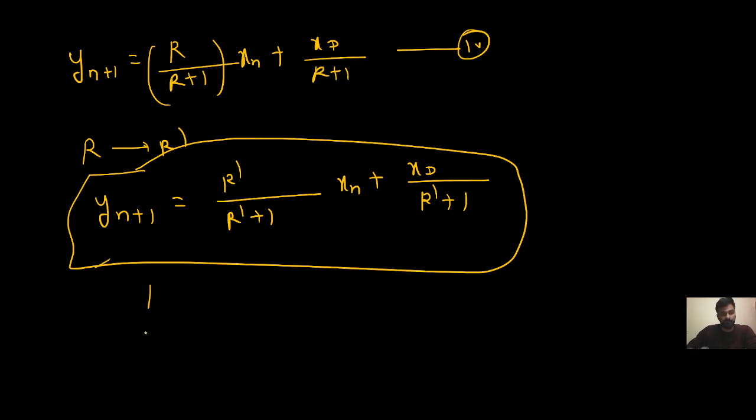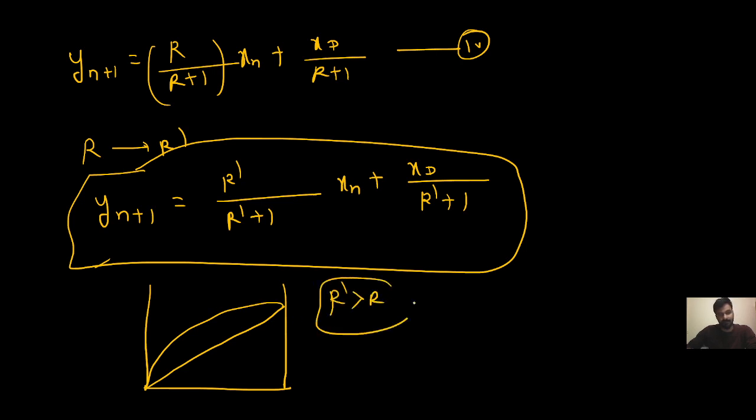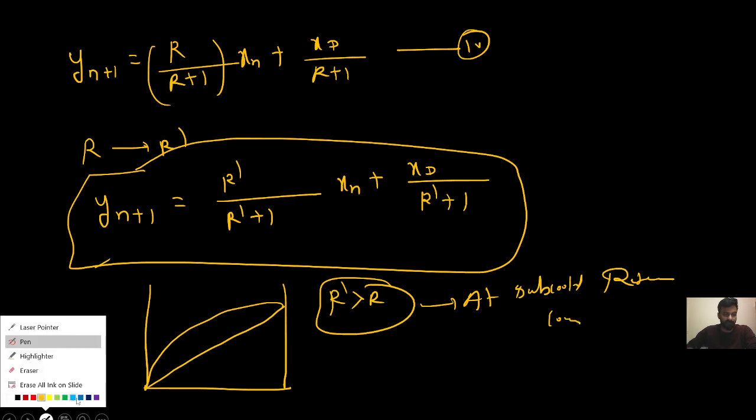So one more important thing: if your distillation column's operating line equation is like that, and R dash is greater than R at subcooled reflux condition, then try to understand one thing.